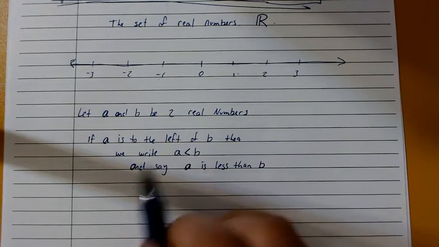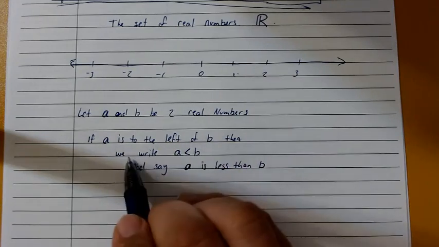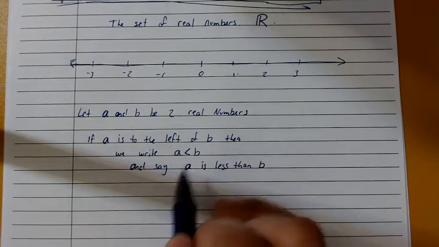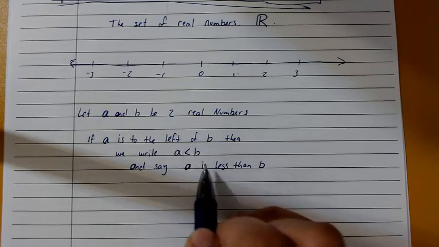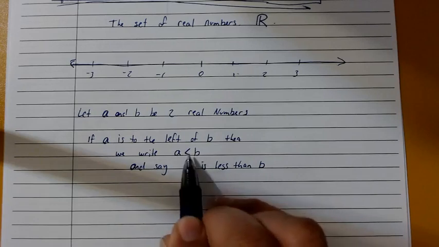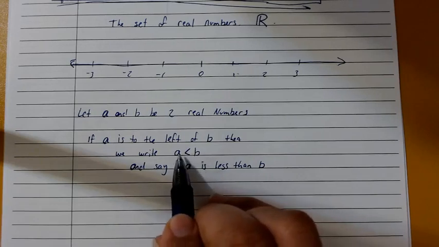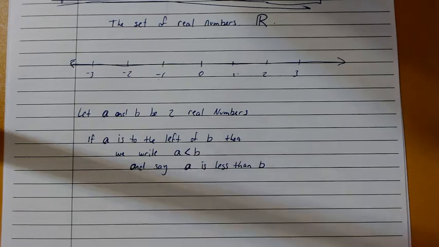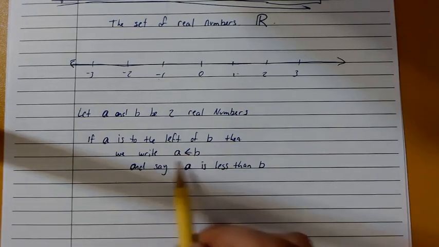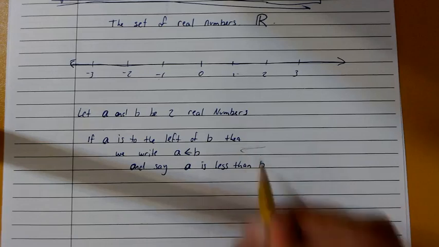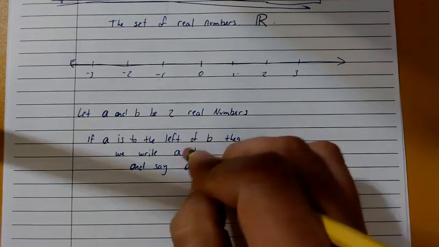Notice the way I said it. If A is to the left of B, then we write A is to the left of B. You might be familiar with these as inequality symbols, less than or greater than. After all, that's the way we read them. But what these are, they're arrows. Here, A is to the left of B. Notice that's an arrow. Maybe it becomes a little more obvious if I draw the little stick inside the arrow. Right? A is to the left. So it's an arrow pointing to the left. That's what those symbols are.